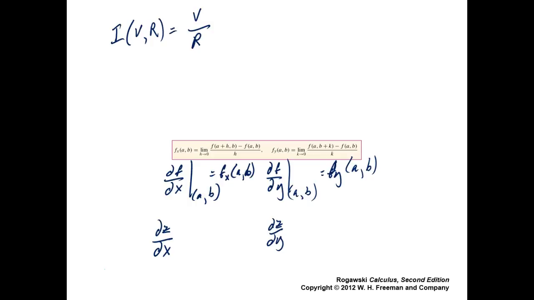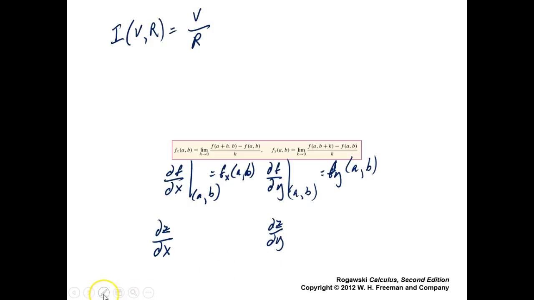And here, how is f, or z, changing when y is changing, given the x is not. And that's the key. When you're taking the partial with respect to one of multiple independent variables, you treat all the other independent variables as if they're constants. You're not messing with them at all. And that's the key.